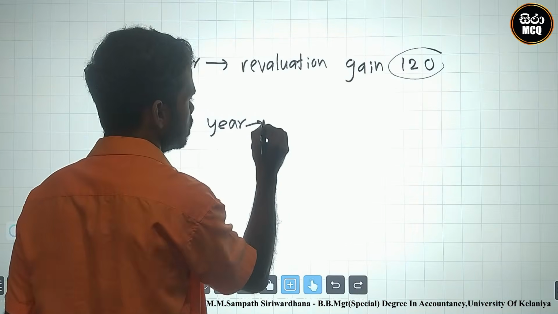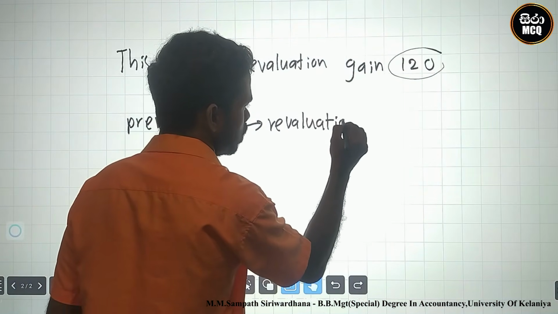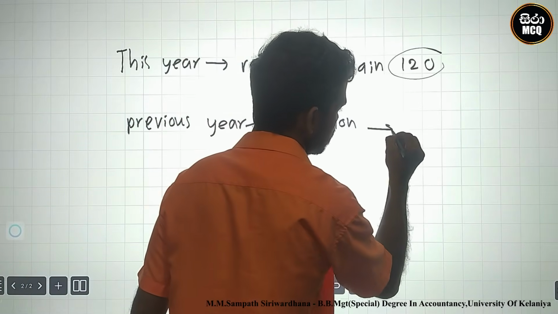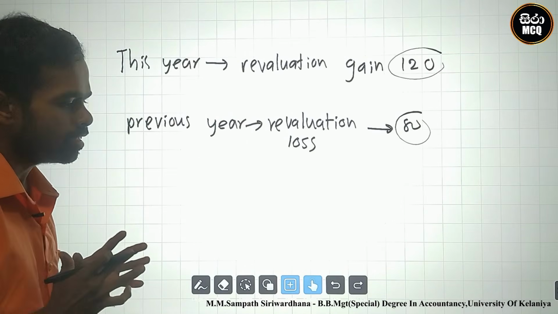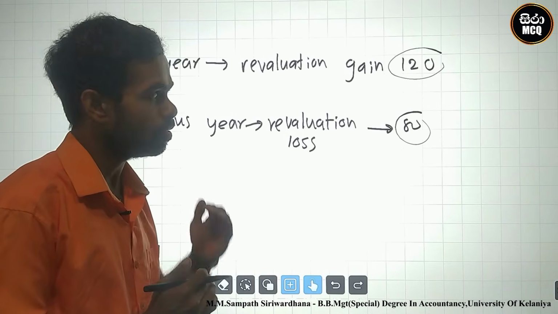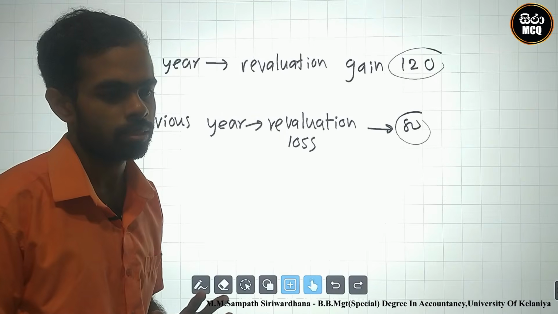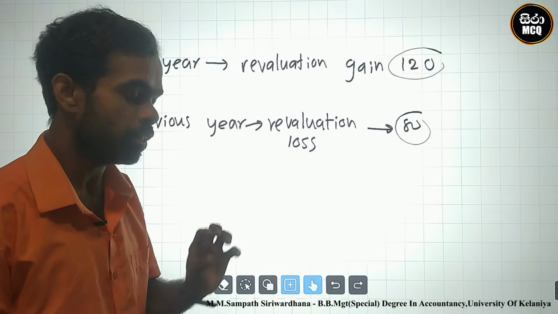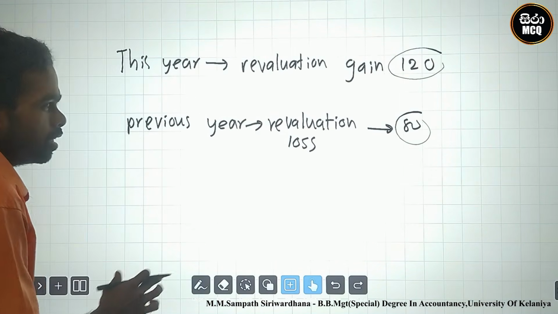There is a revaluation deficit, which is a loss. Revaluation loss, 80. How can we identify these results? You know, we must eliminate the 120 from the current year income statement. Therefore, we can newly add this result to the income statement.